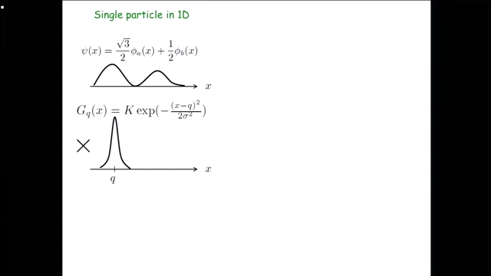Then I multiply this by this Gaussian, with width sigma. What I get is something that looks roughly Gaussian. It's not quite Gaussian because this function isn't uniform over the support of this one, but it's a slightly distorted Gaussian. And then it continues to evolve according to the Schrödinger equation.